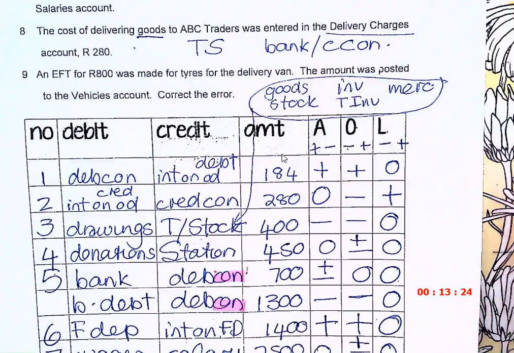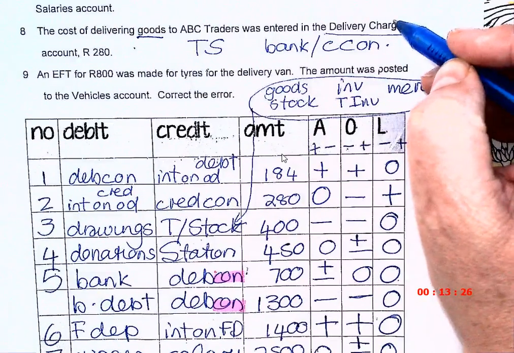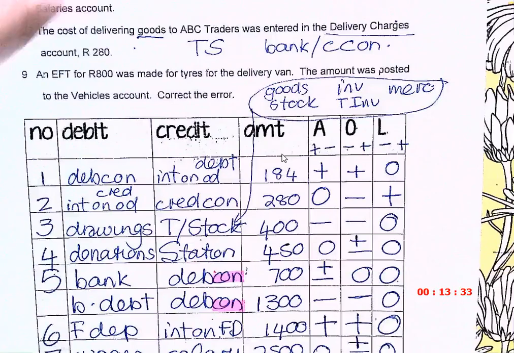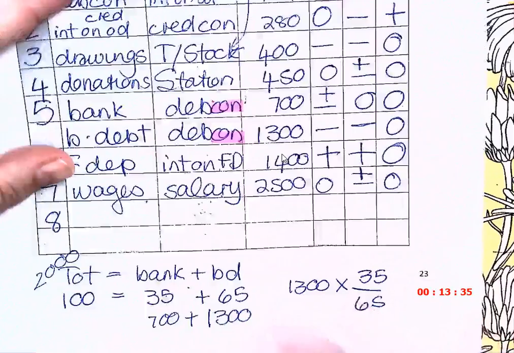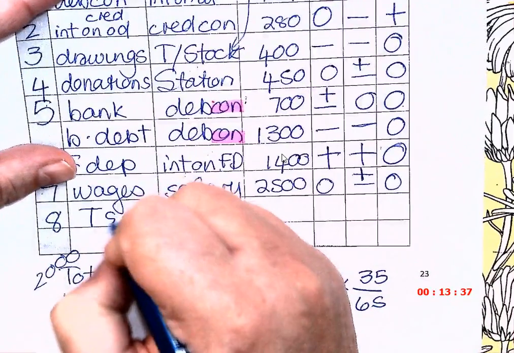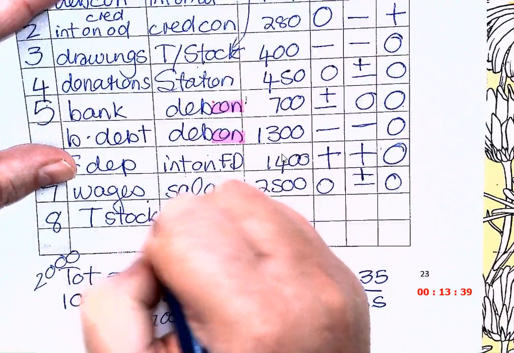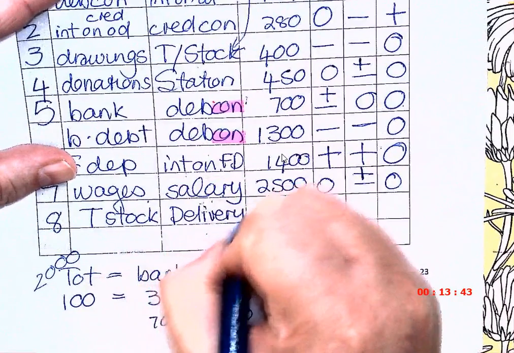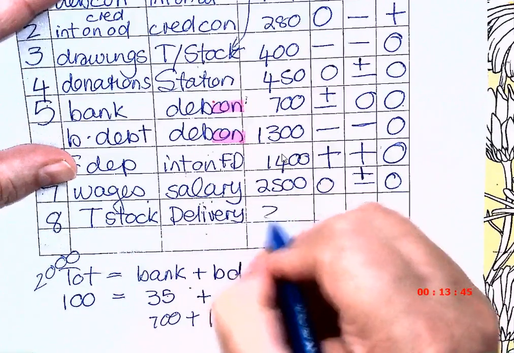If there is a delivery charges account, it would be if we deliver to clients. Okay, so which is the right one? The trading stock. So let's put it in the right place, which is debit, and delivery will credit with 280.